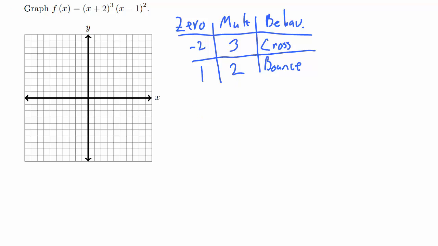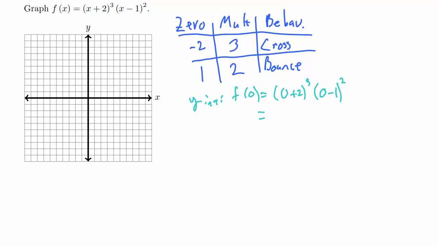The next thing we want to look at is the y-intercept. To find it, I want to look at f of 0. So you plug in 0 for all the x's, and that gives me (0 plus 2) cubed times (0 minus 1) squared.